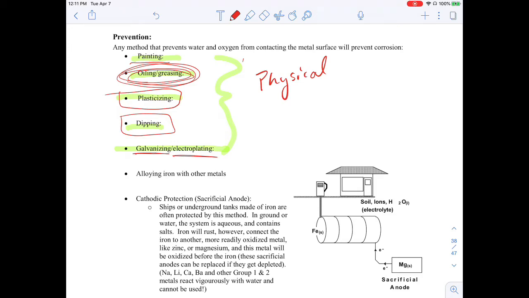But essentially, galvanizing and electroplating creates a very fine coating of a metal on the outside of the iron. So galvanizing coats in zinc, and with electroplating you could pick a different kind of metal, but that coating on the outside of the iron will protect it.